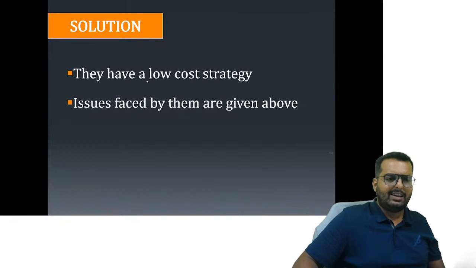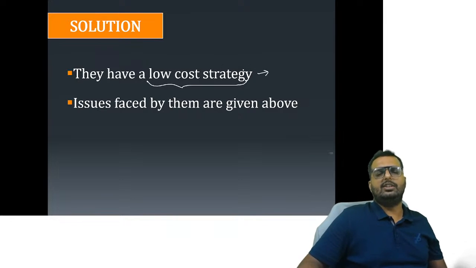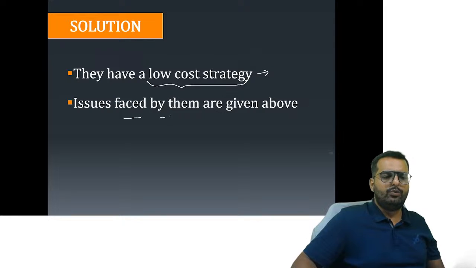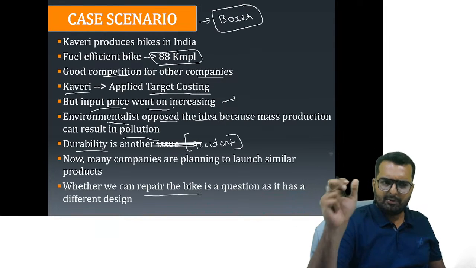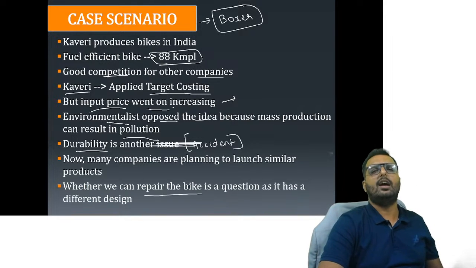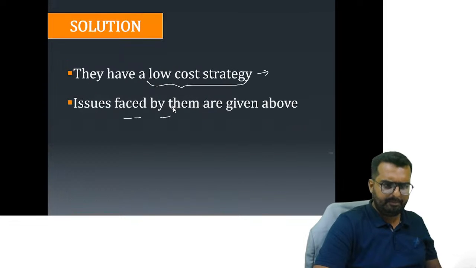So one of the strategies that they used over here is called low cost strategy. But in this strategy, you face all these problems. Input price will increase, environmentalist problem, durability problem, etc. I hope you are clear with this case study, friends.